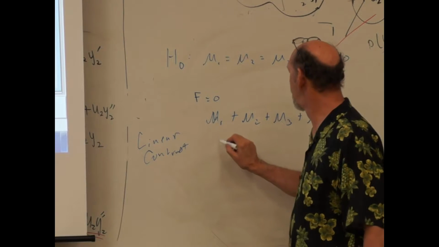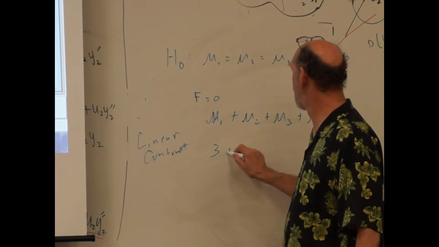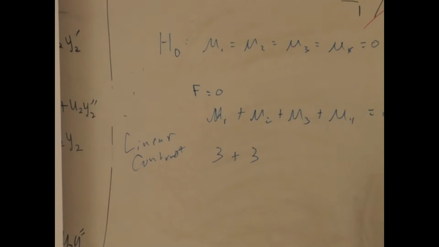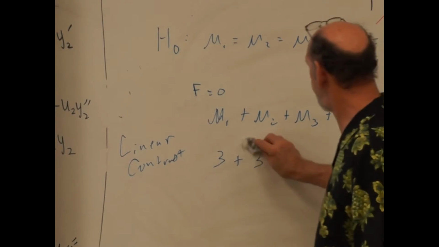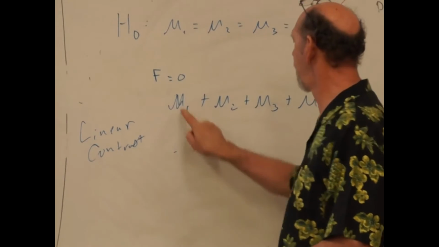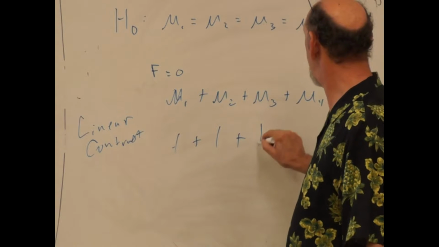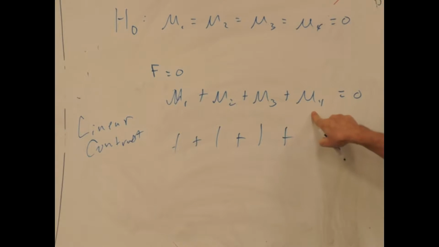So imagine this equals 1, and this equals 1, and this equals 1. What does this have to equal to make this sum up to 0? -3.